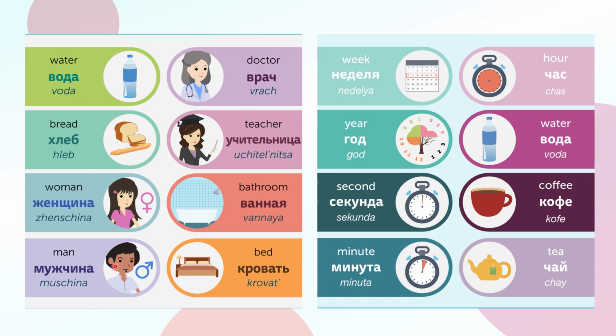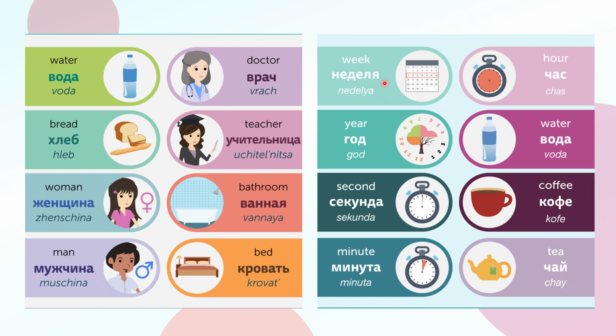Мужчина, man, masculine gender. Врач, consonant, masculine gender. Учительница, а, feminine gender. Ванная, я, feminine gender. Кровать ends with ать, that's why this is feminine gender.